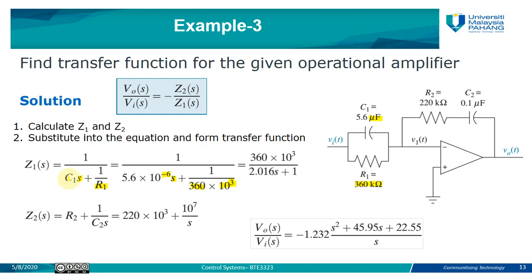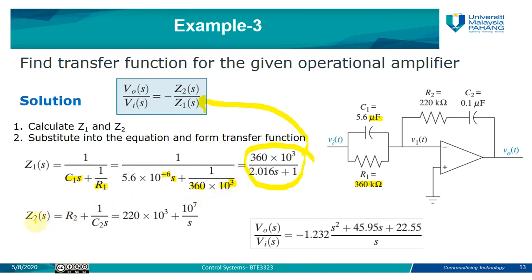You just write the value of C1 times S, then simplify the numbers. It becomes 360 times 10 to the power of 3 over 2.016 S plus 1. This is the value of Z1, and this Z1 will be placed here.